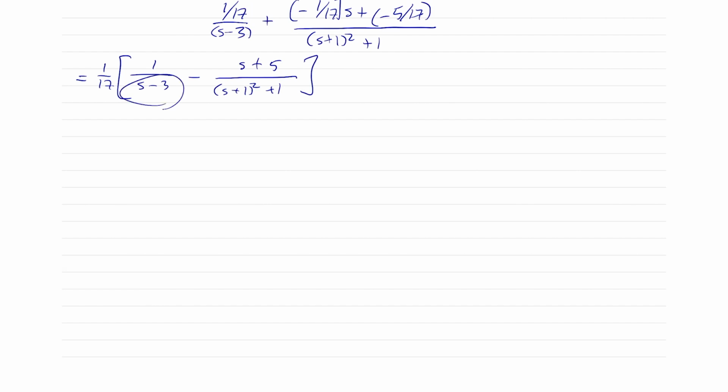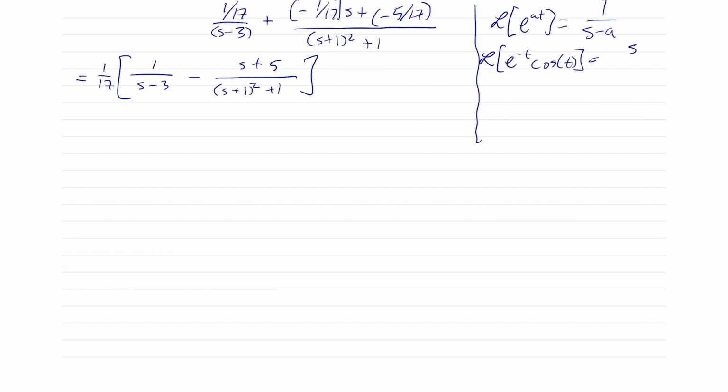So I see I have s minus 3, and I know the Laplace transform of e to the at is equal to 1 over s minus a. So I'm looking at a is equal to 3, right? But now we have s plus 1 here, so we have the Laplace transform of e to the minus t cosine of t, and that's going to give us s plus 1 over s plus 1 squared plus 1.